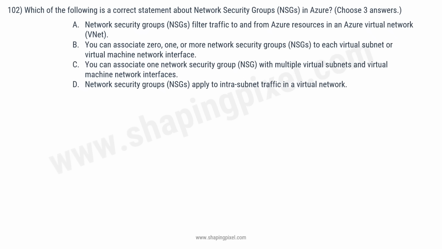Option C, you can associate one network security group with multiple virtual subnets and virtual machine network interfaces. Option D, network security groups apply to intra-subnet traffic in a virtual network. So the right answer here is option A, C, and option D.